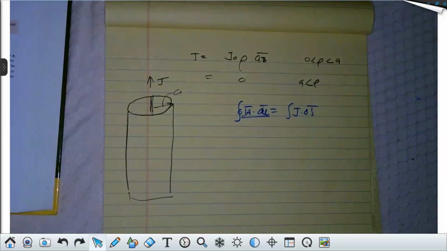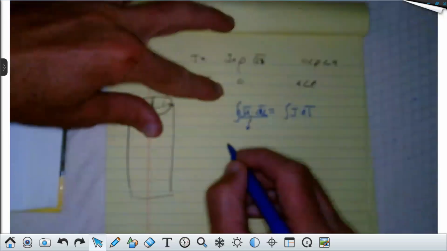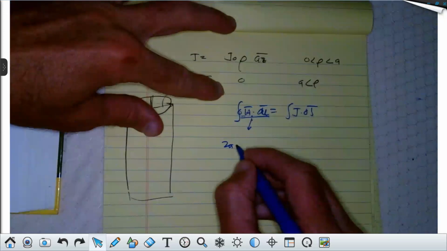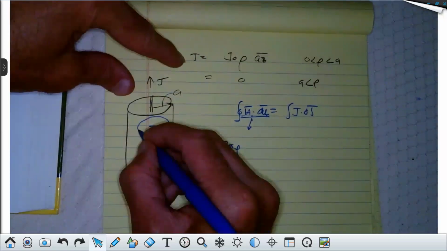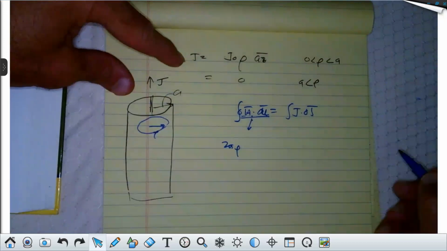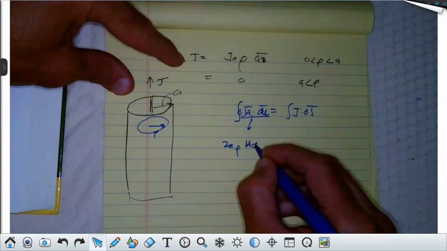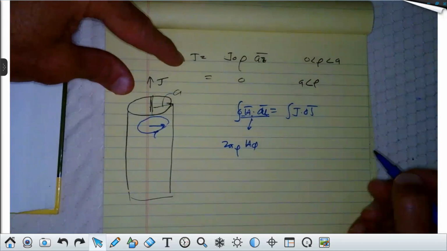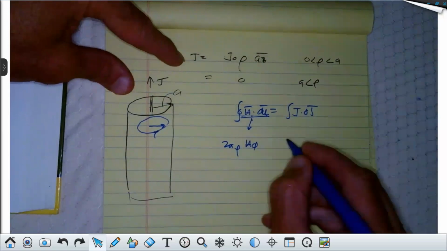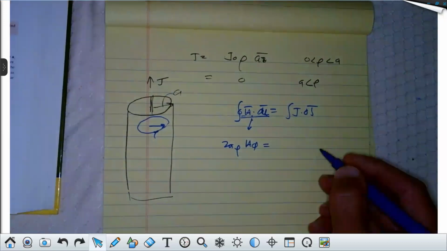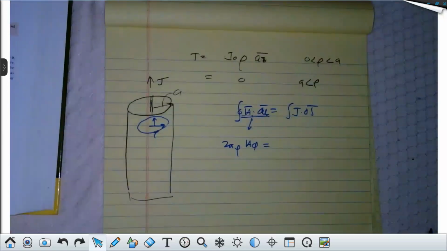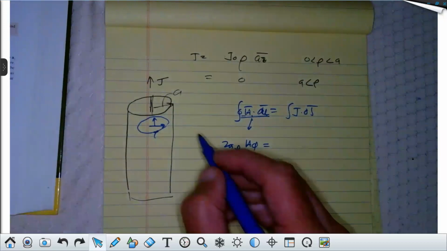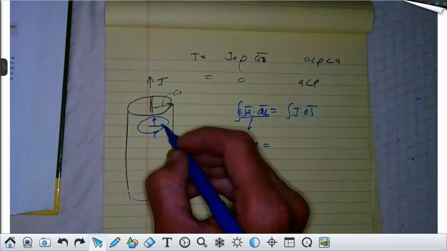Well, this H dot dl will always end up being 2 pi rho, the perimeter of a circle of radius rho, always, and then it's times H phi. And that's equal to J dot ds, the amount of current that's penetrating the surface created by the circle of radius rho.